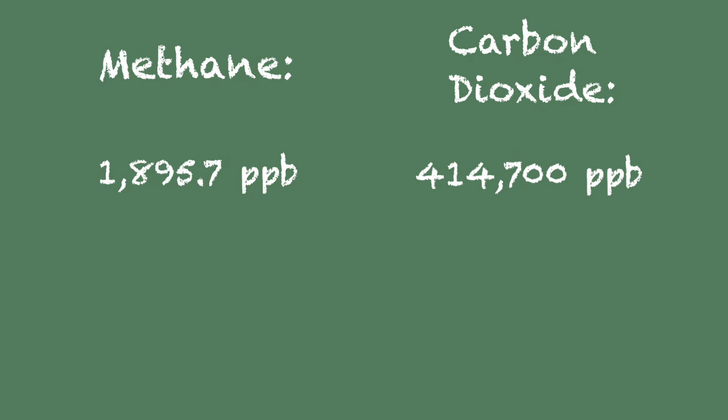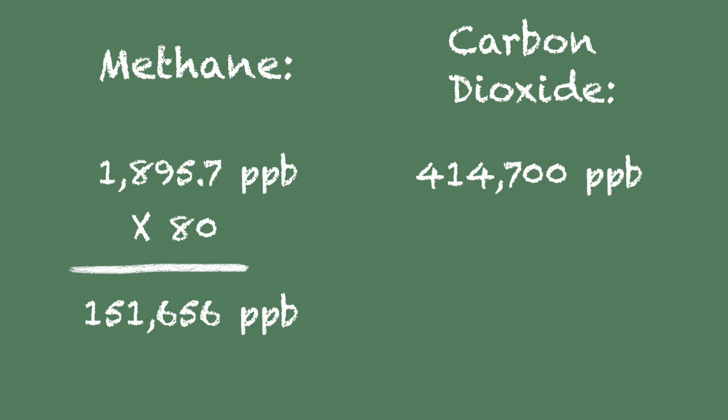Now, to measure the true impacts of methane comparatively to carbon dioxide, multiply 1,895.7 parts per billion by 80, and even then, methane's heat-trapping capacities are equivalent to 151,656 parts per billion. So even factoring in how much more potent methane is than carbon dioxide, because of carbon dioxide's sheer abundance in the atmosphere, methane's impacts represent less than half that of carbon dioxide.